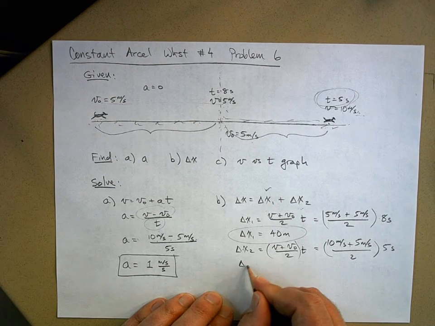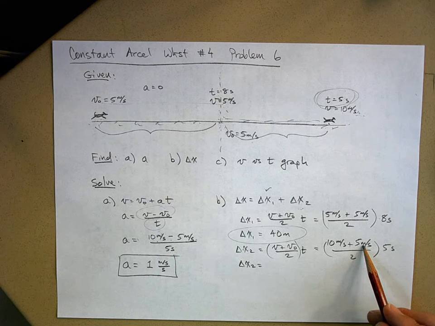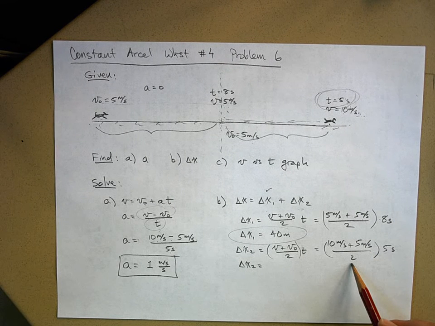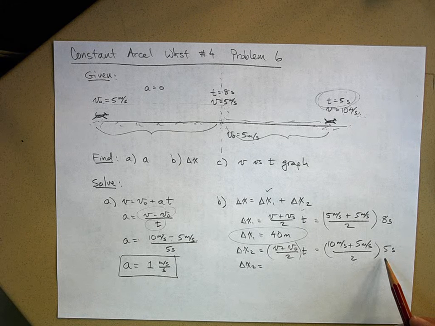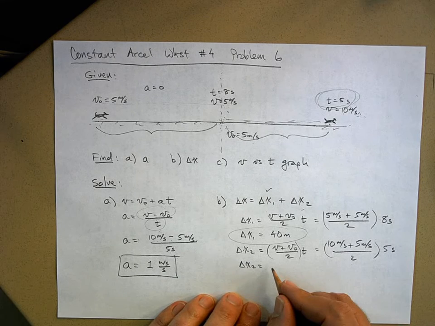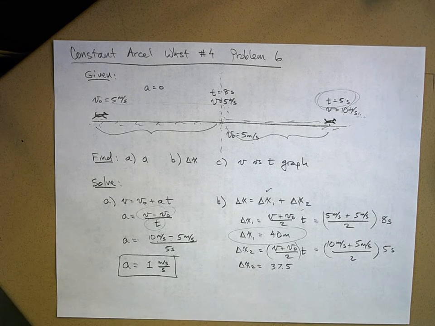So what is delta x2? Well, 15 divided by 2 is 7.5. What is 7.5 times 5? Is that 37.5? I believe it is. How did I get that?